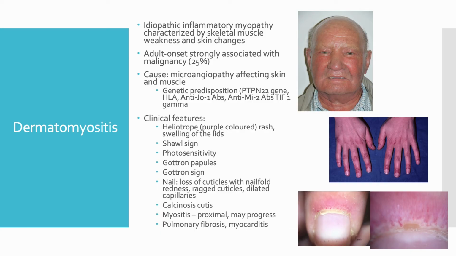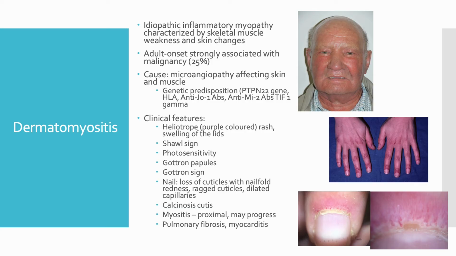These are called Gottron's papules. It's very important to look carefully at the nail folds because the cuticles will be ragged and you may see distended, dilated blood vessels.